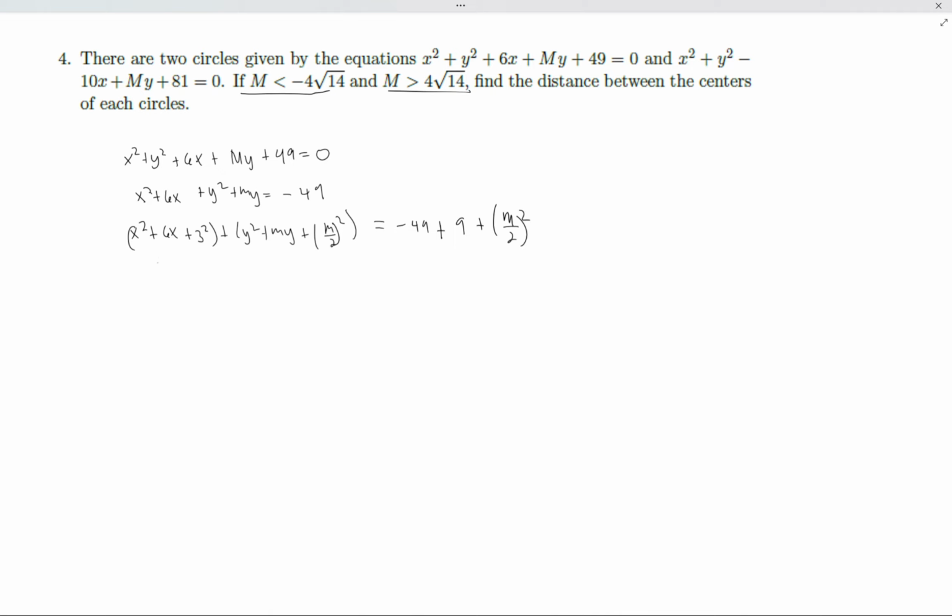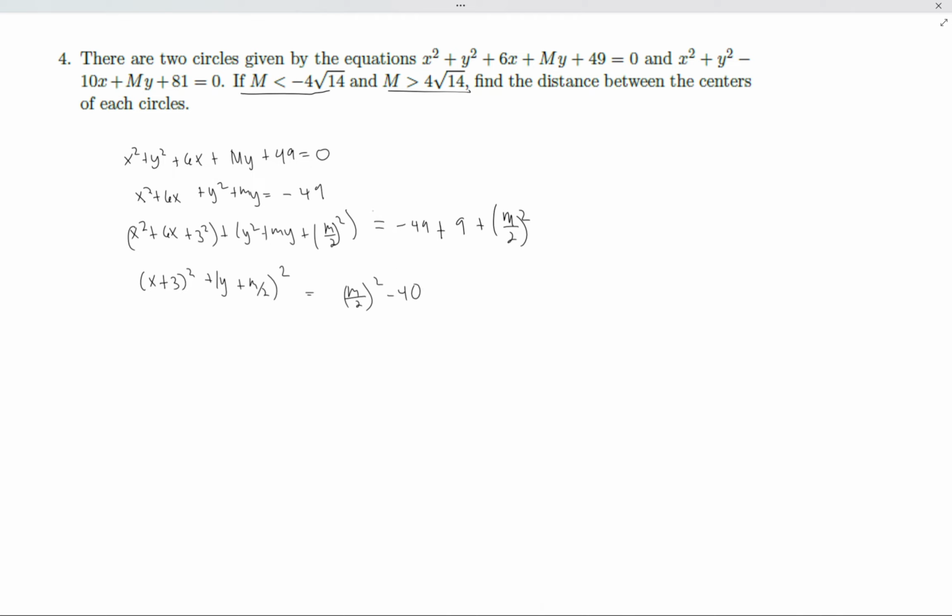Completing the squares, or converting this to the binomial forms, this will become (x + 3) squared plus (y + m over 2) squared. Now simplifying, this is (m over 2) squared minus 40, I believe.